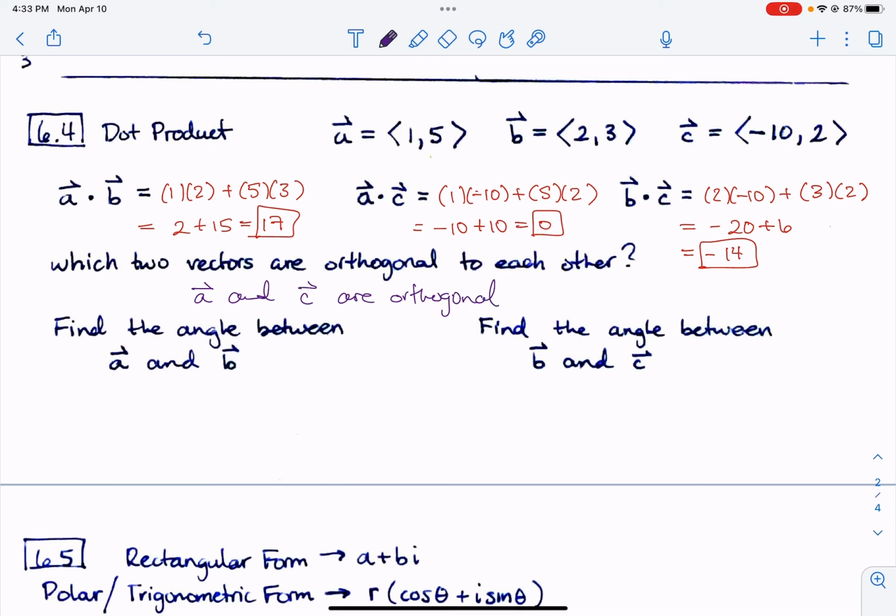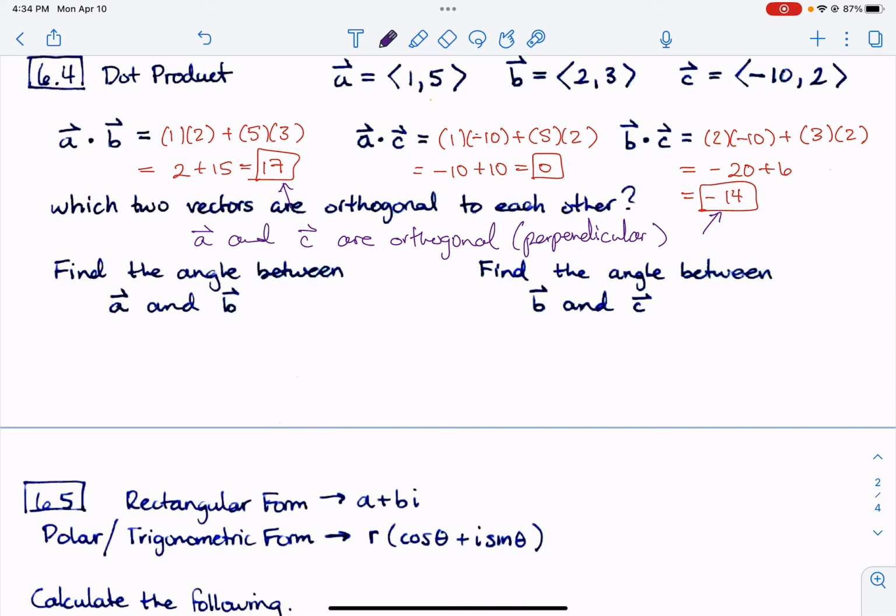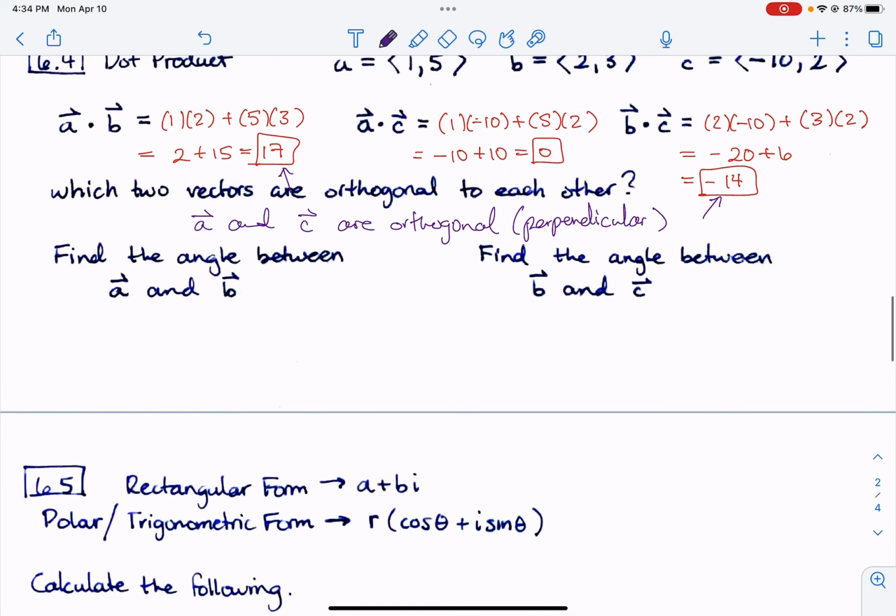And really, that's the only pair that are orthogonal to each other, because the other dot products, notice, did not give us 0. So those are not orthogonal. Remember, orthogonal is a very fancy word for perpendicular. Right? So it just means that they're at 90-degree angles. And if you draw vector A and C, you're going to see that.